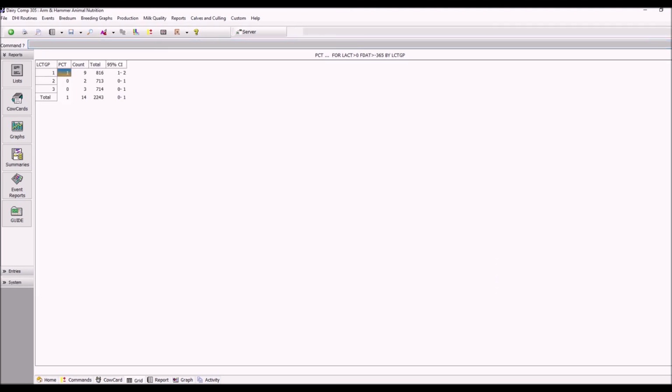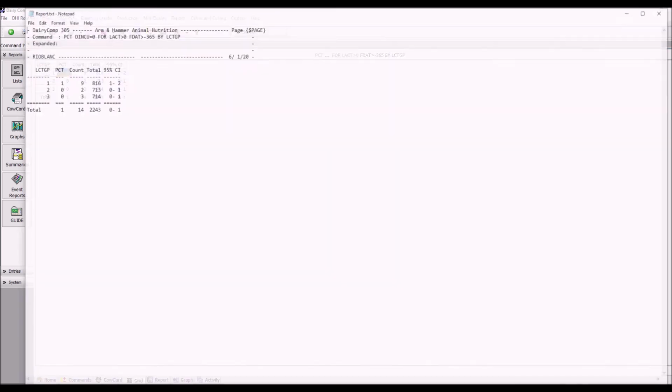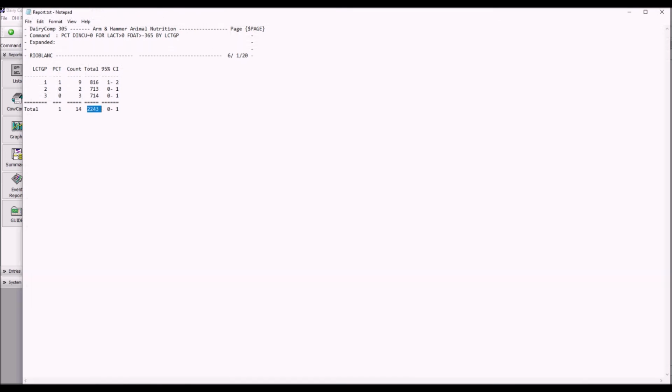If I hit enter, we're going to see that we have the same number of calvings, but 14 animals out of those calvings did not have any days in close-up. So again, this is a good opportunity to improve. Basically, we just want to make sure that the data entry is being done consistently.